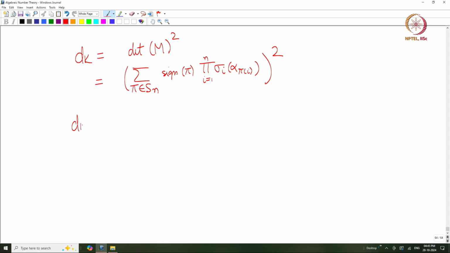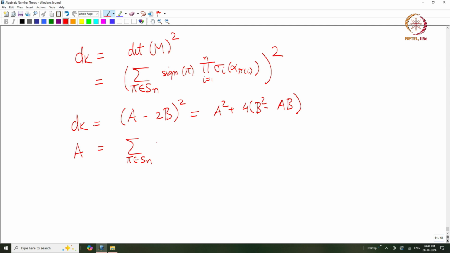Nevertheless, you can write this dk as a minus 2b whole square, which is a squared plus 4b squared minus 4ab. But what are these a's and b's? Well, a is just this thing without the sign. So, you take summation over pi in Sn, you forget about the sign, and you just write this.